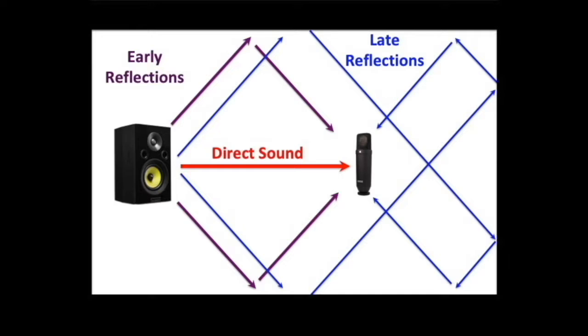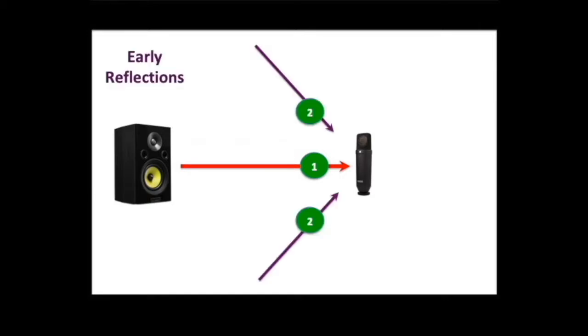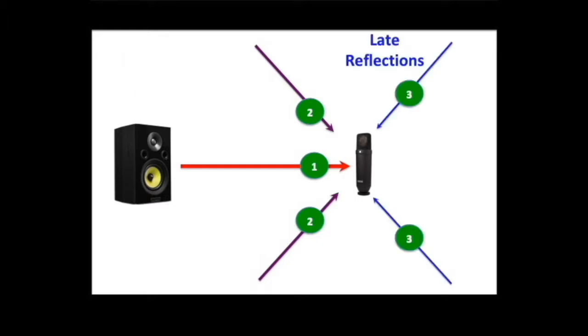Now, in this diagram, we're looking at how the sound is traveling from the perspective of the source. Let's change perspective and look at the same diagram, but from the perspective of the microphone. Now, as you would expect, the first sound picked up by the microphone is direct sound. The next sound picked up by the microphone are the early reflections. And the late reflections are picked up by the microphone after the early reflections.